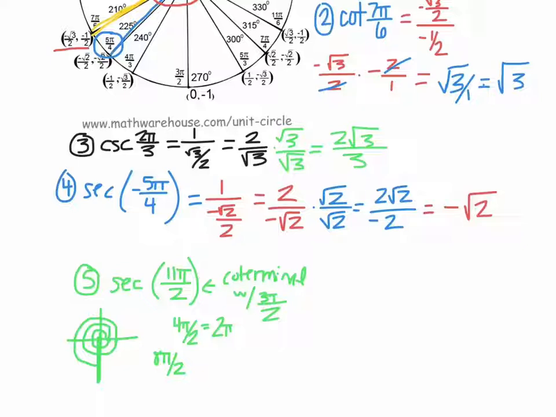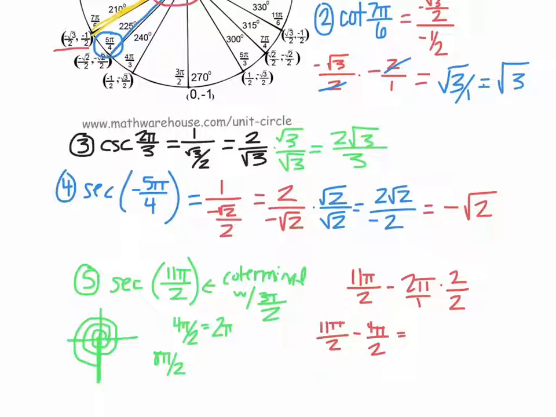Another way to do it is to realize that is too big, I need to subtract 2 pi. Well, if you're going to subtract something that's a fraction, you need to make it have common denominators. So I need to do 11 pi over 2 minus 4 pi over 2.